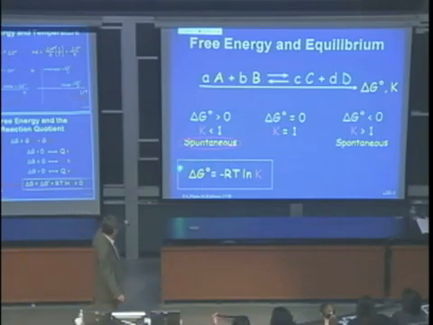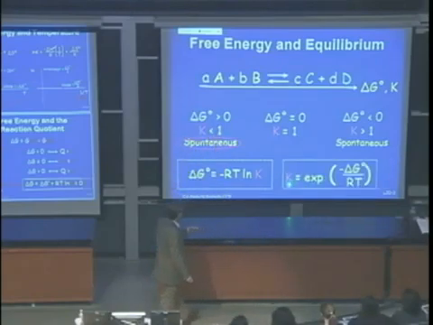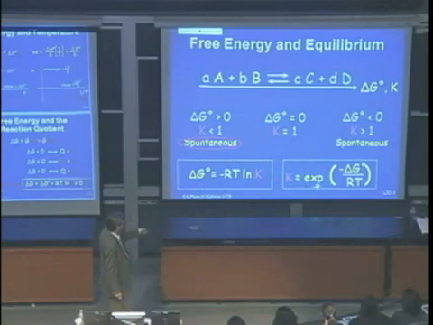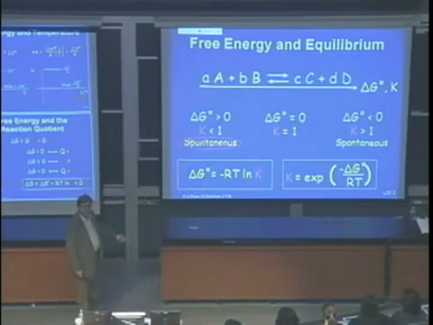So now you see this as a mathematical expression. You also can take this to the power of e. So your K is e to the minus delta G naught divided by RT. So we have tied together now the Gibbs free energy at standard conditions and the equilibrium constant.